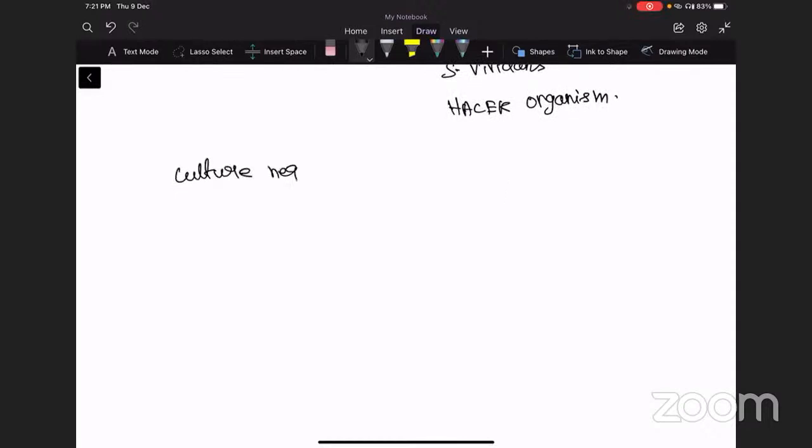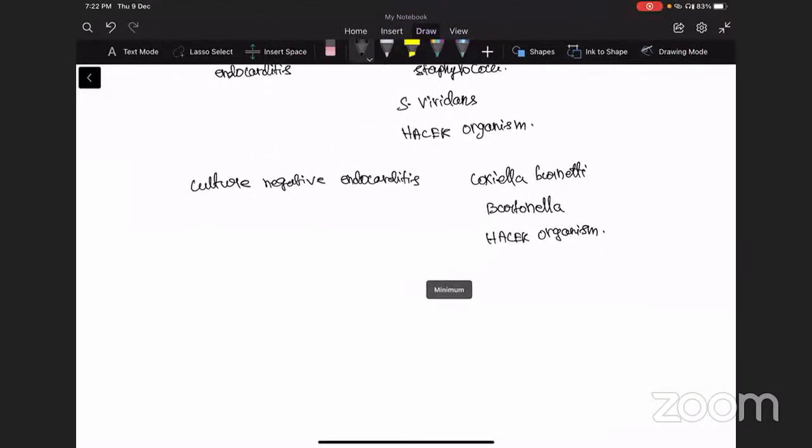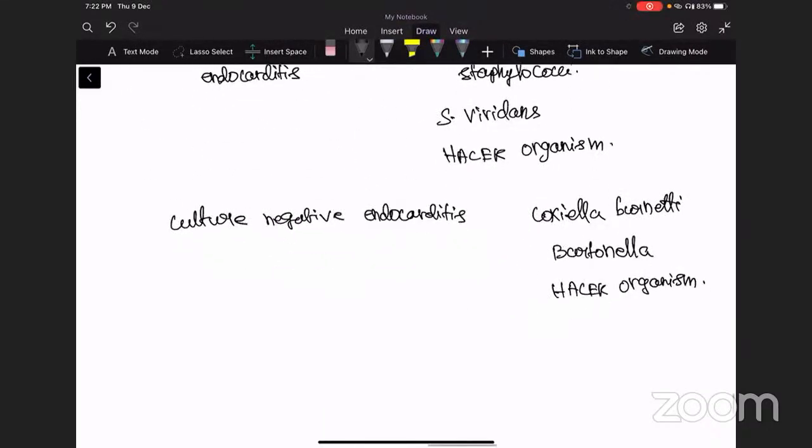Culture negative endocarditis is caused by Coxiella burnetii, Bartonella, HACEK organisms. This is with the most common in bacterial endocarditis.